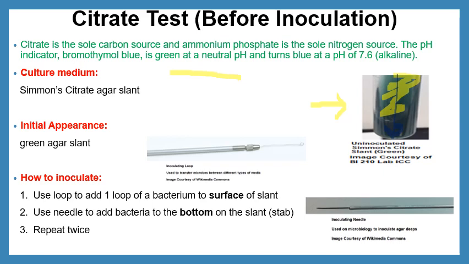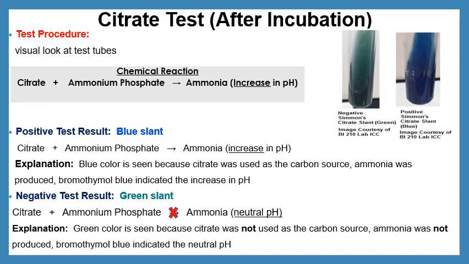So now let's look at our test results. So the test procedure is not going to require any chemical agents. We would look at the color of the test tubes. And here is our chemical reaction, which is very important. We have citrate in our tube. We have ammonium phosphate in our tube.